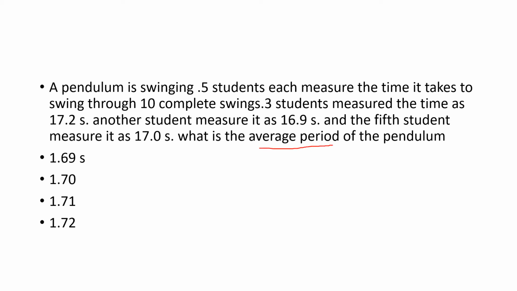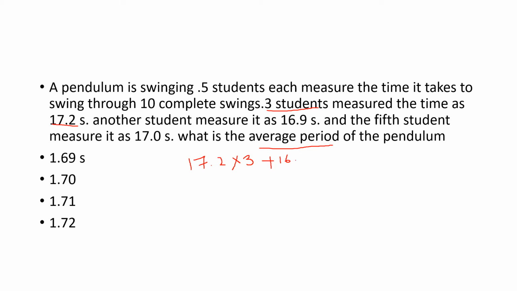In the question it is given that 3 students measured the time as 17.2, so 17.2 multiplied by 3. Then plus another student who got 16.9, so 16.9.